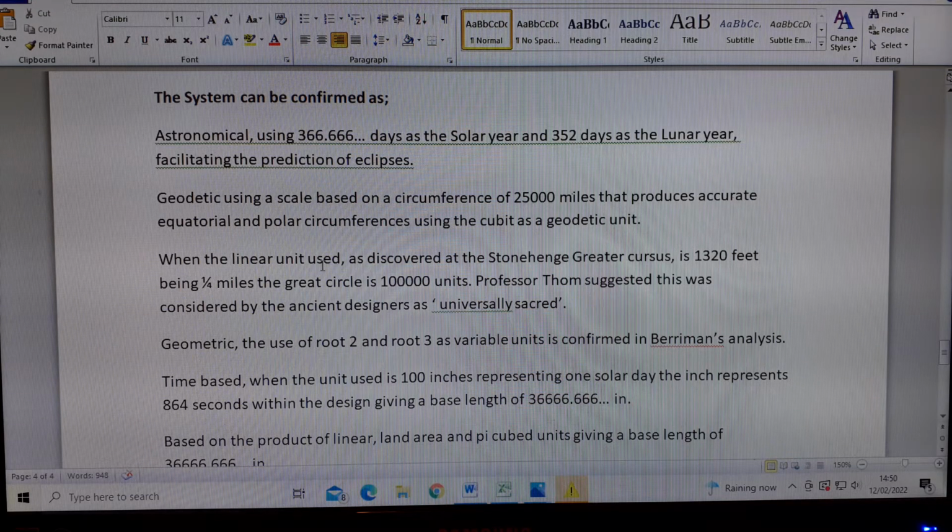When the linear unit is discovered at the Stonehenge Greater Cursus, when it's 1320 feet, being a quarter of a mile, the Great Circle is 100,000 units, and Professor Thom suggested this was considered by the ancient designers as universally sacred. We got 10 fingers on our 2 hands, so we know where that's coming from.